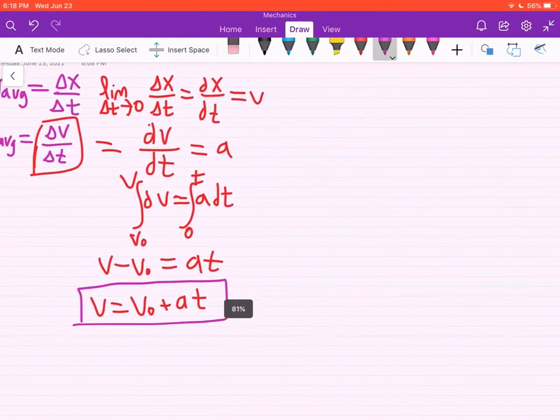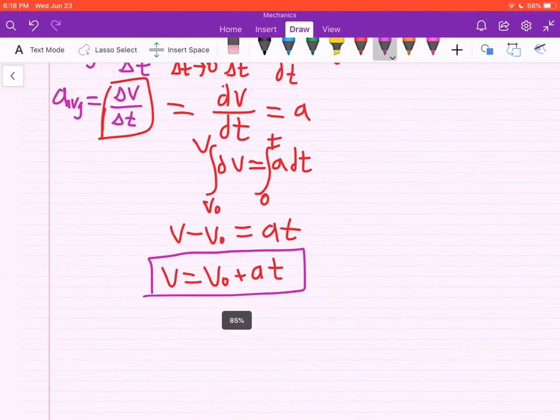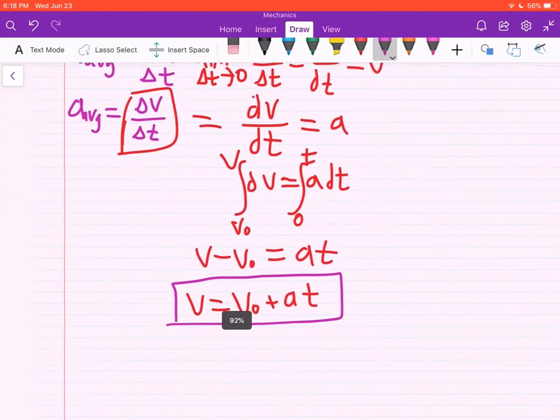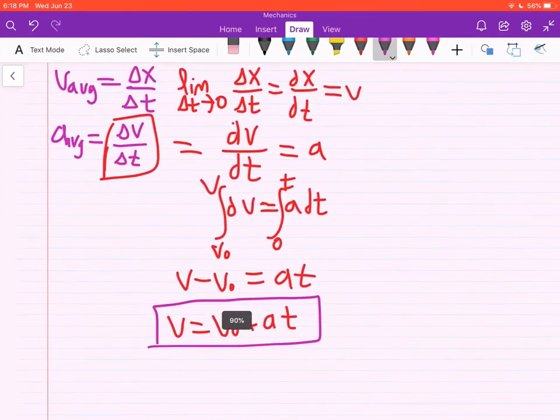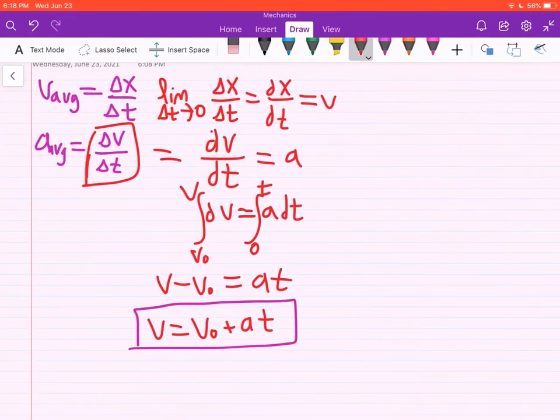Okay, so now we have our first equation of motion, and to get our second equation, we can substitute this into this v right here.